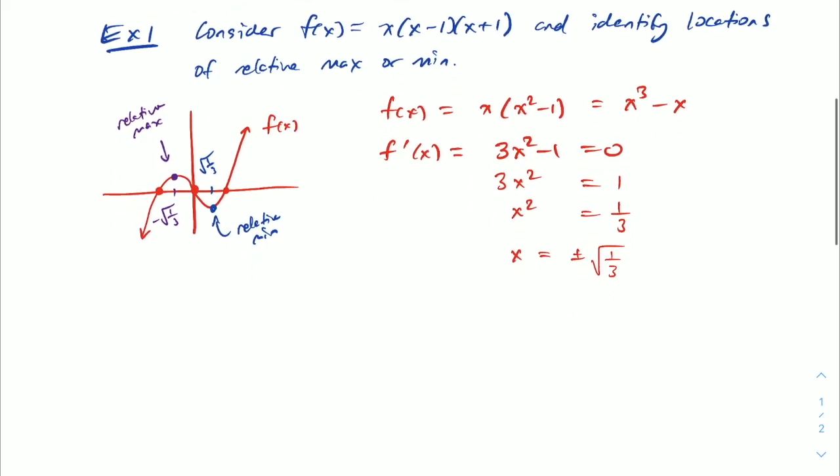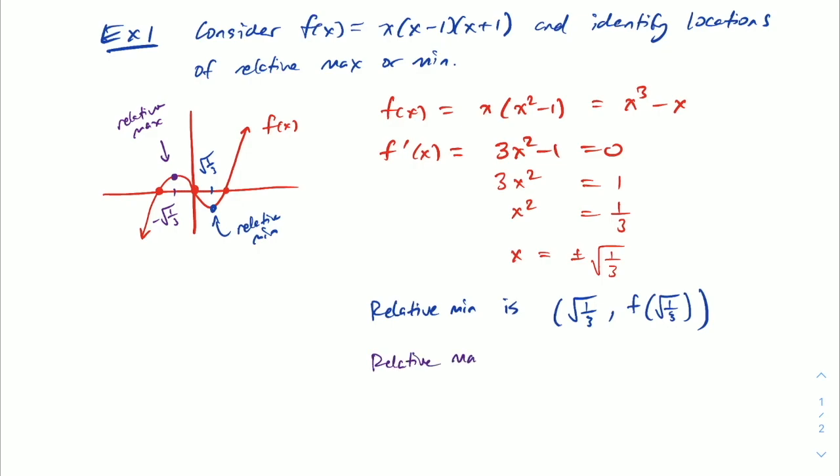Let me write it over here. So our relative min is the positive square root of 1/3, f of square root of 1/3, and our relative max is negative square root of 1/3, f of negative square root of 1/3. Okay, you could evaluate the function at square root of 1/3, but I'm not going to.